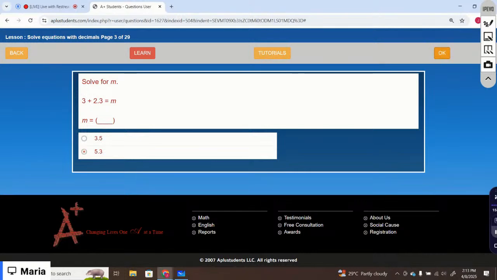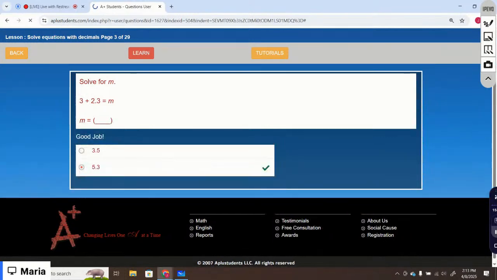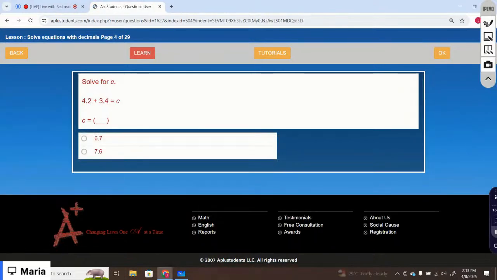That is 5.3. Option number 2 is the correct option. Solve for c. 4.2 plus 3.4. Option number 2 is the correct option. That is 7.6.